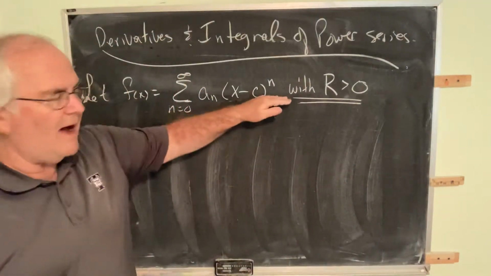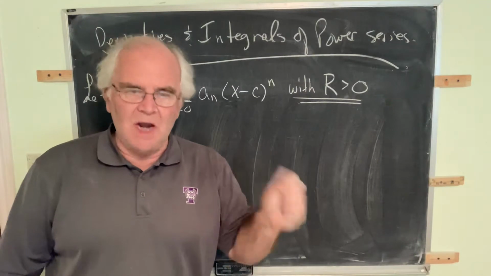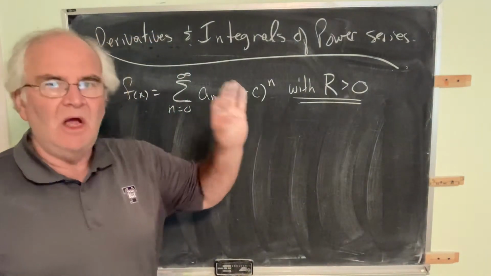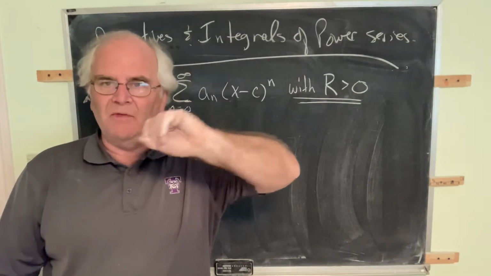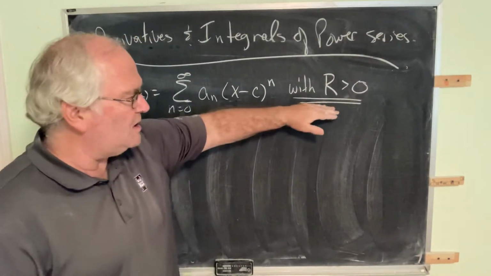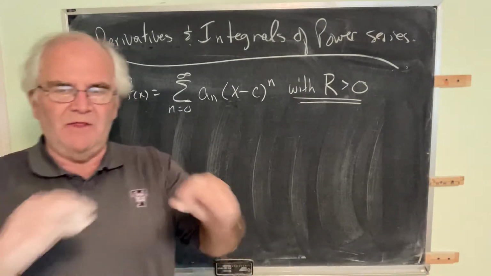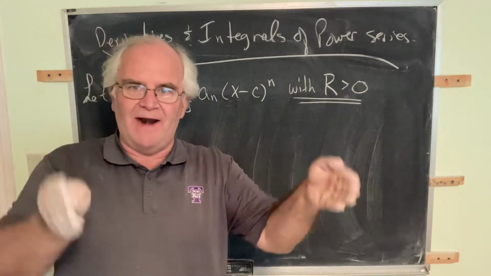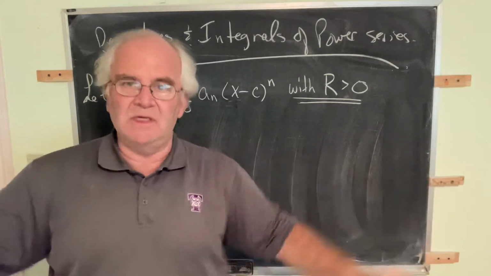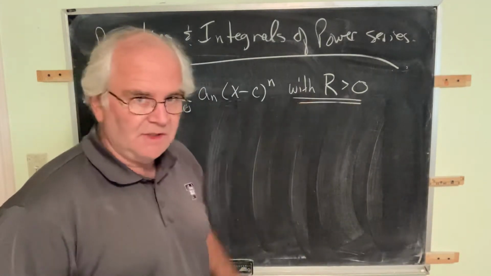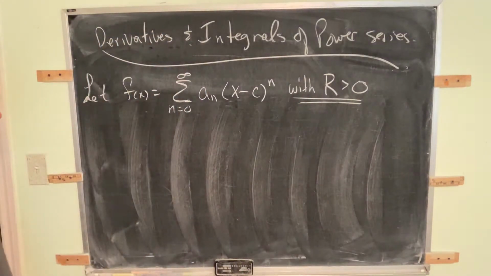What we're talking about is category 2 and category 3. We are not talking about the circumstance where the only place it converges is at a single point. Those are right out. We're assuming the radius of convergence is bigger than 0, so we are either in category 2, where it's an interval of finite length, or category 3, where the interval is of infinite length. Both of those are larger than 0. All right, so let's assume that's the case.